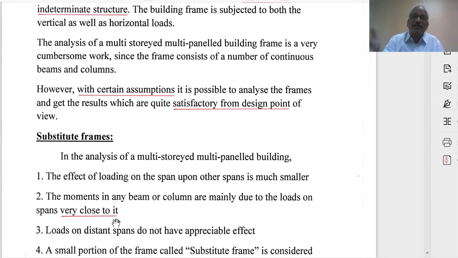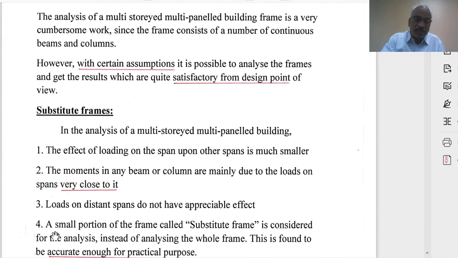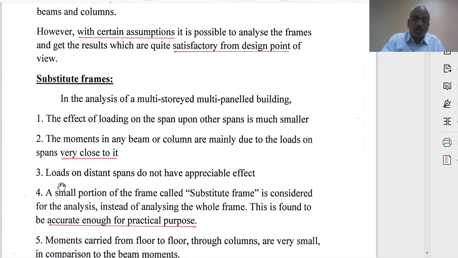Panel number 9 will not cause any effect. That is the meaning of this. Right. Then the loads on distant spans do not have appreciable effect.